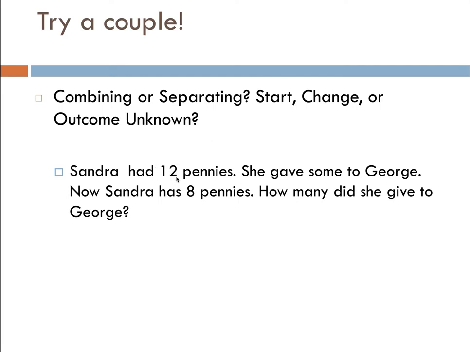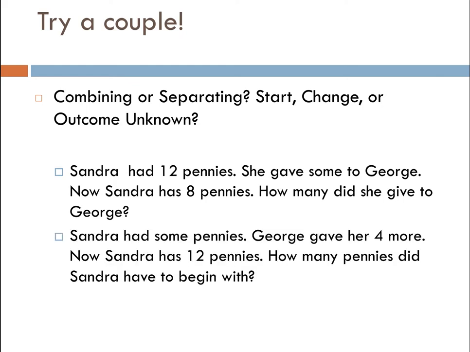She started from 12 pennies. She gave some to George. That is the change. That is unknown. Now Sandra has 8 pennies. The outcome is given to us. So we know the outcome, but we don't know the change. So in this word problem, we get to know it is a separating problem with change unknown.